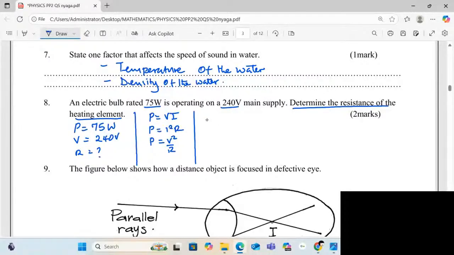Therefore, our power, which is 75, we can use this formula: power is equals to V squared over R, then you can have 75 equals 240 squared divided by R.